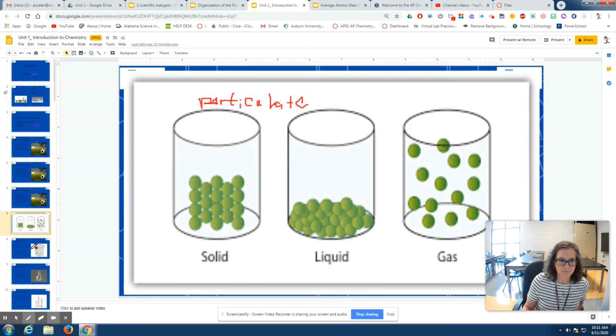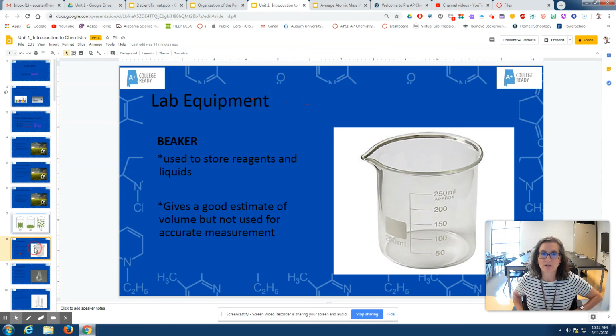Okay. All right, so the next thing that we are going to discuss, I'm going to talk just very briefly about some lab equipment. We've probably already talked about these when we talked about lab safety in the first few days of class. So, all right, some of this equipment.